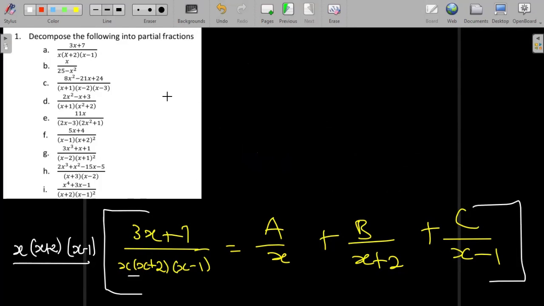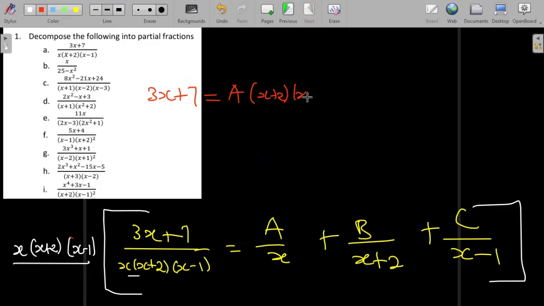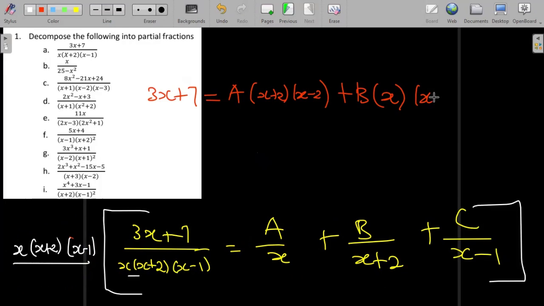So what I'll get there will just be 3x plus 7 is equal to, if I multiply this factor with this, the x and the x are going to cancel. So it will be A multiplied by x plus 2 and then x minus 1, plus B. This factor, when it multiplies this, the x plus 2 cancels, so we are remaining with x and then x minus 1.